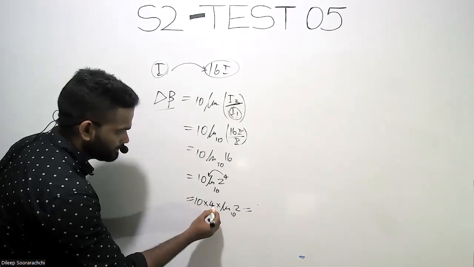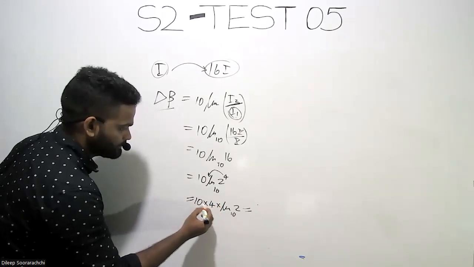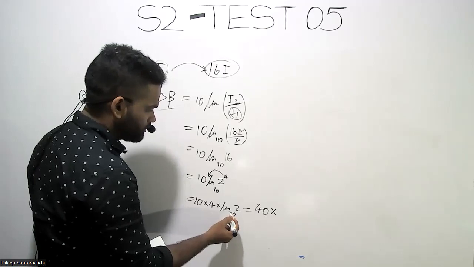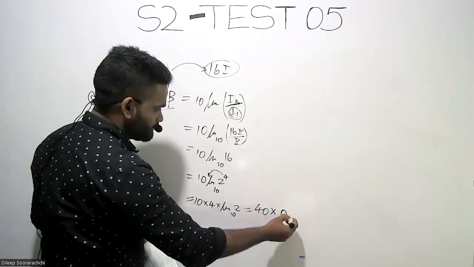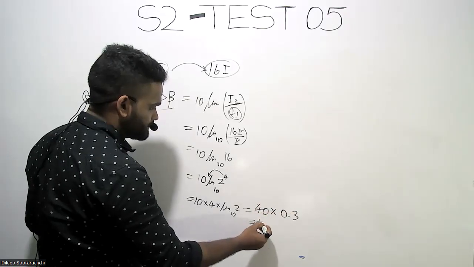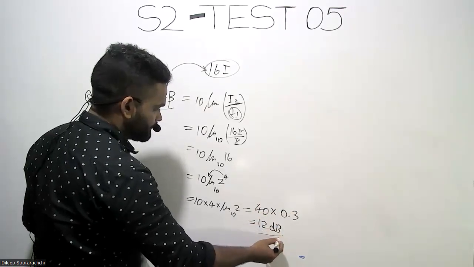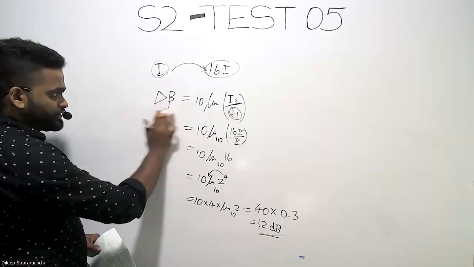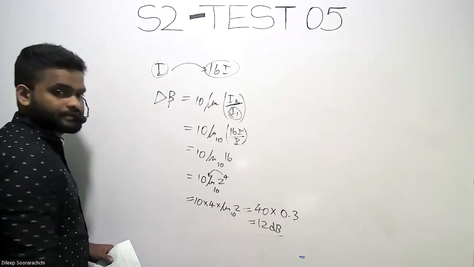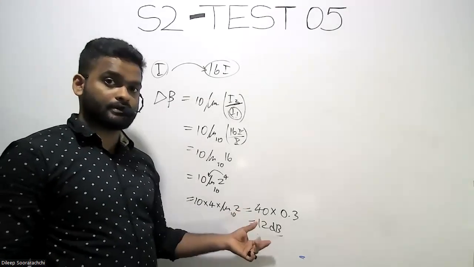So this is 10 times 4, that is 40, times log 10, 2, which is 0.3, it is given. So 3 times 4, that is 12 decibels. Okay, so the increase of this intensity level is 12 decibels.